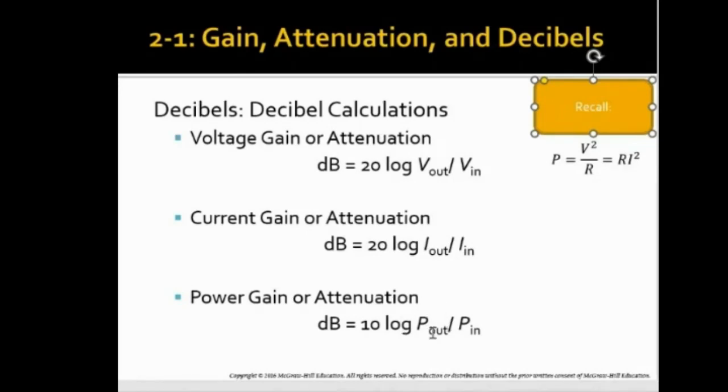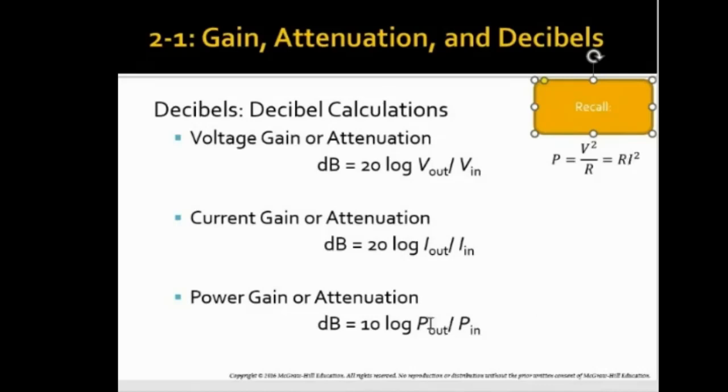Now if you write P out as V squared over R and P in as V in squared over R, then this square is the one coming to the coefficient, so you have 20 log of V out over V in. The same goes for current.